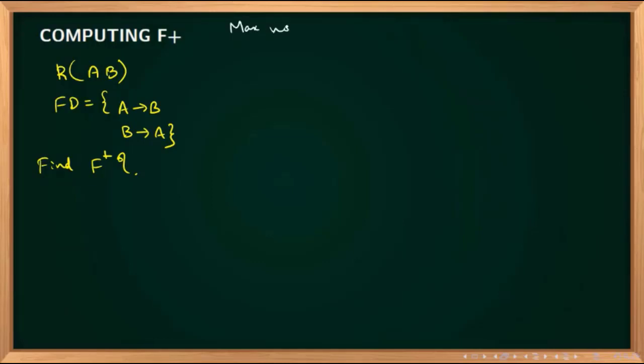Maximum number of FDs for n attributes is equal to, can somebody write the answer? Maximum number of FDs for n attributes, 2 power 2n.